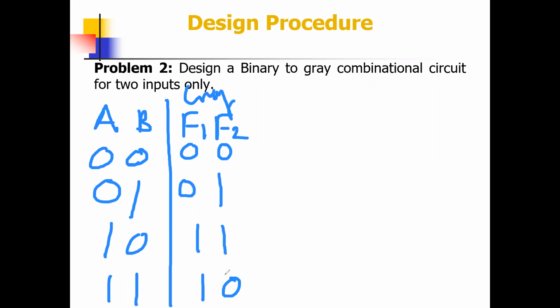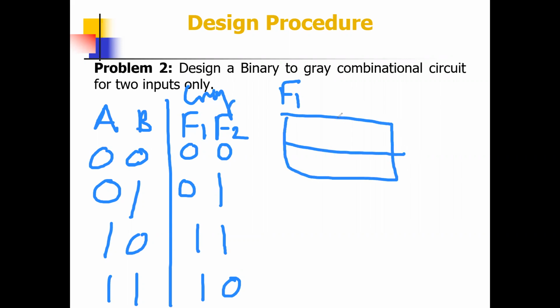Now, how many K-maps do you need to solve? 2, because 2 outputs. If 2 outputs, 2 K-maps; 3 outputs, 3 K-maps. Then draw the circuit. So for the first K-map, for F1, you have A and B, and 0, 1, 0, 1.